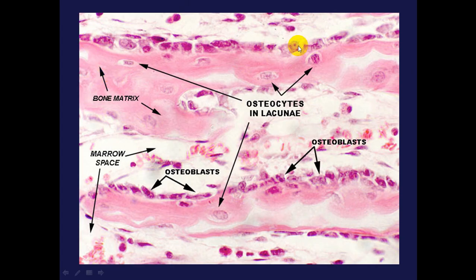Okay, this is the histology of bones. This is what we call spicules. Spicules of bone consist of bone matrix. Bone matrix has a dense network of collagen type 1.